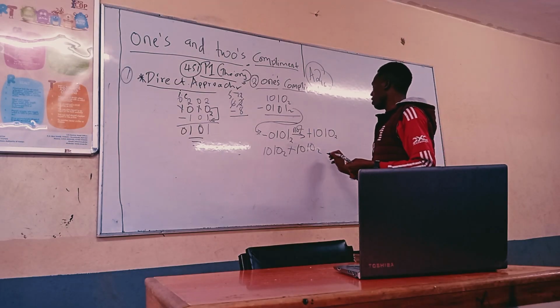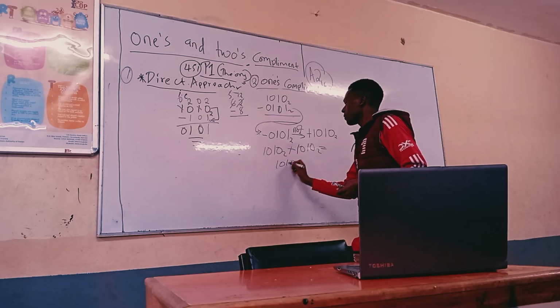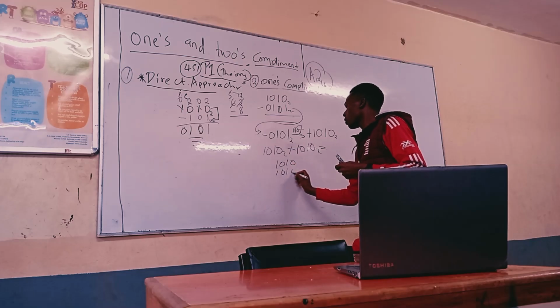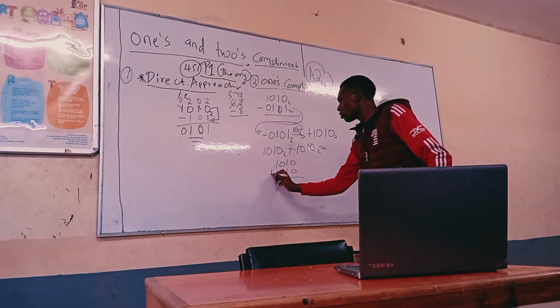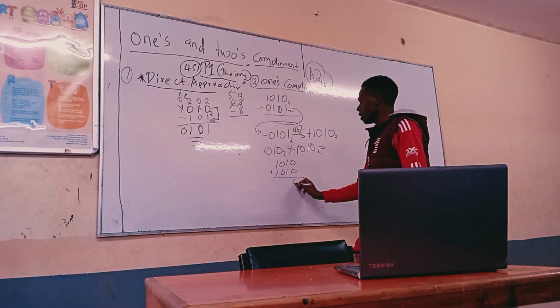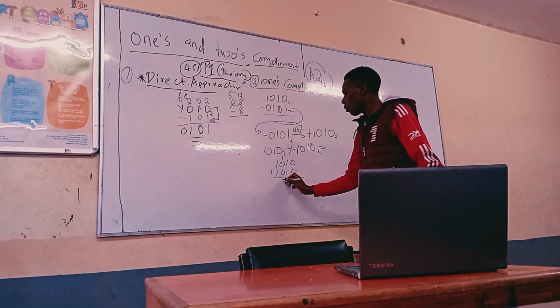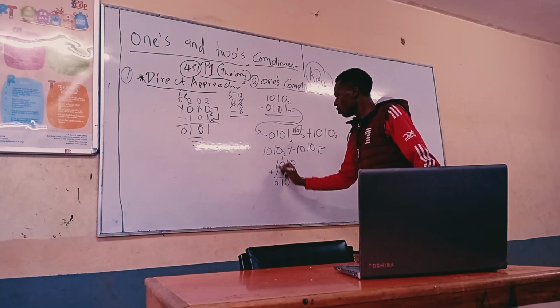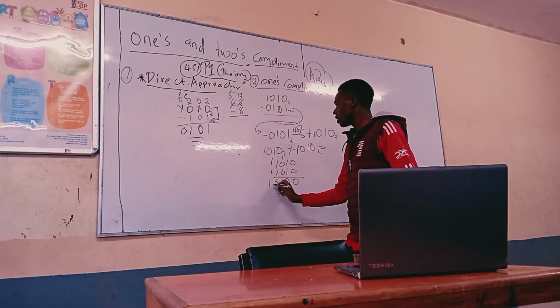So you add the two, so that is 10, 10. It is good arranging them this way so that you can do the sum correctly. So 0 plus 0, because this is positive, the negative turned to a positive. Then 0, 1 plus 1 is 2, 0, we carry 1. So 1, 0, we carry 1, and then the 1 we take downwards.